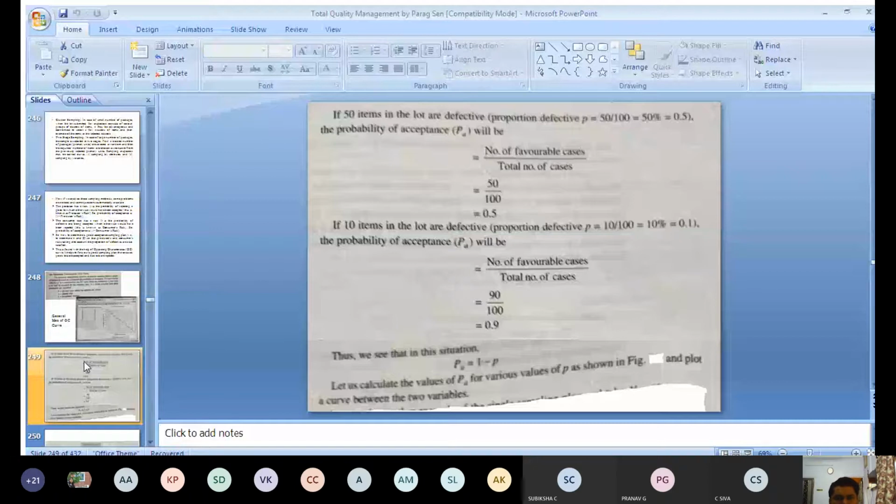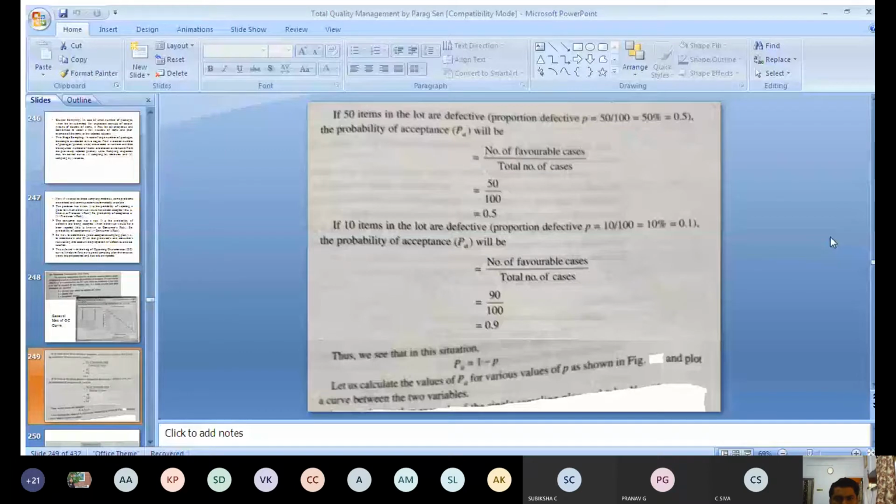Suppose 50 items in the lot are defective, then proportion defective will be 50 divided by 100, because 100 is the sample size. You are inspecting 100 items, and out of 100 items you are finding 50 defective.